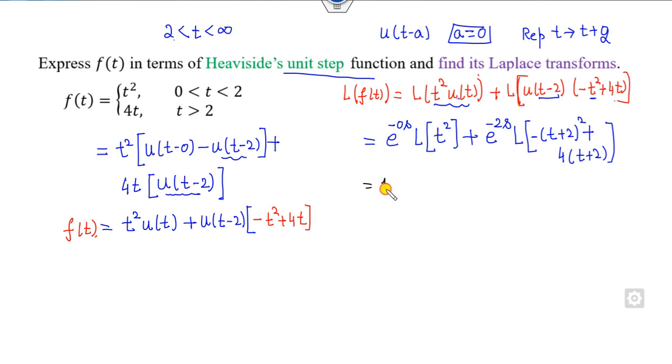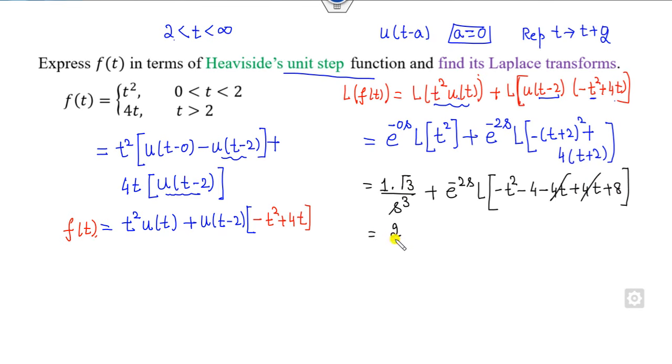Now e raised to power 0 is 1. What is the Laplace of t square? Gamma function of 3 over s cube. Then e raised to power minus 2s Laplace of, I can open this square, it's t square plus 4t plus 8, minus t square, so 4t will be cancelled out.